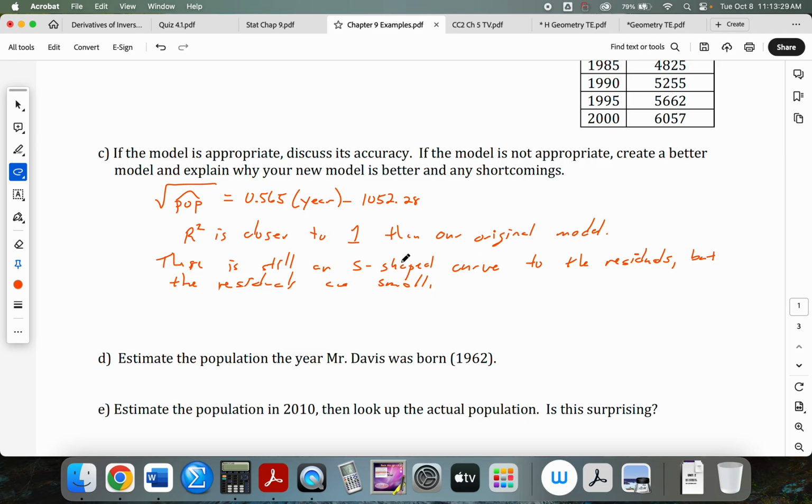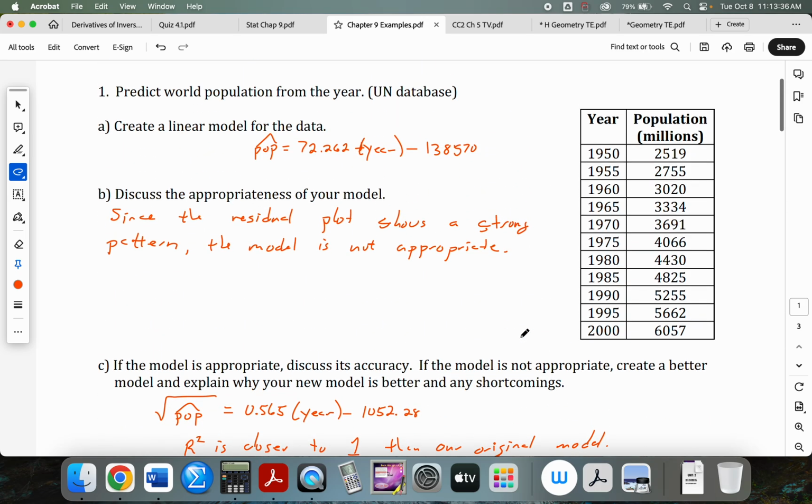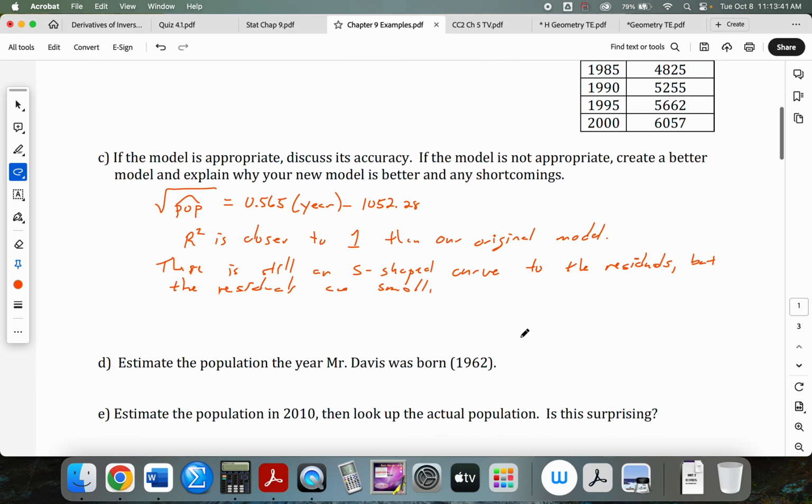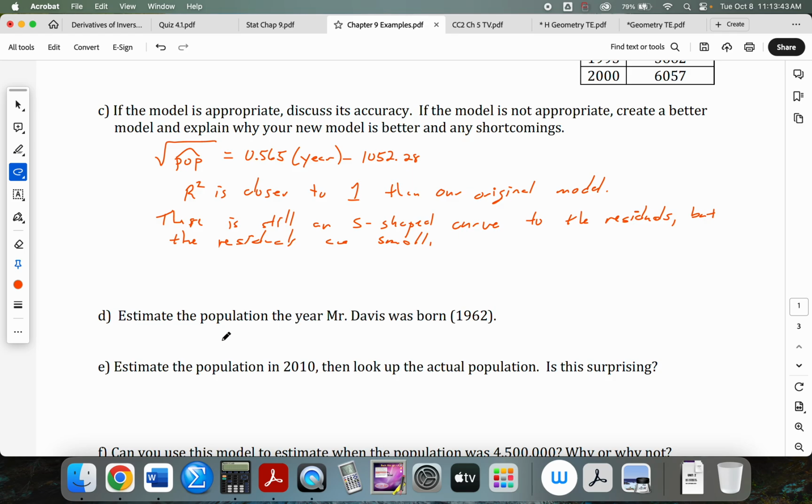All right, so let's take a look here. Estimate the population for the year Mr. Davis was born, 1962. The world population in millions. So the square root of the estimated population is going to be 0.565 times 1962 minus 1,053.28.